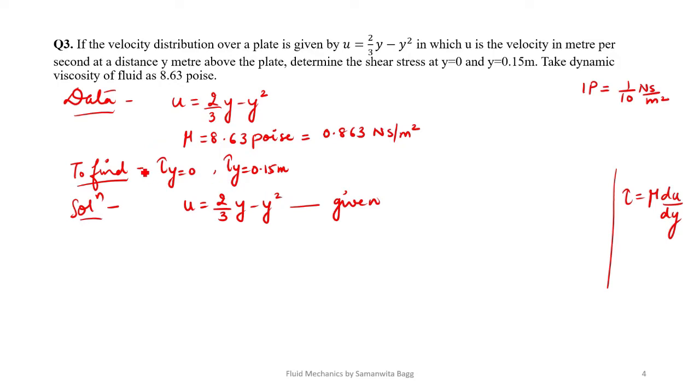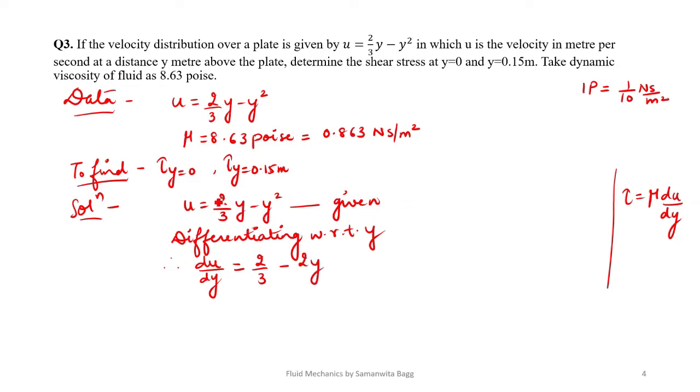So I don't need this equation of u itself, I'll differentiate it with respect to y. Therefore, I'll get du by dy will be 2 by 3. Since this is y, the derivative is 1 and the derivative of y square is 2y.